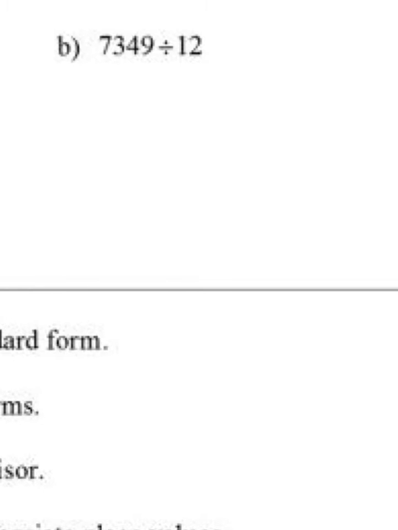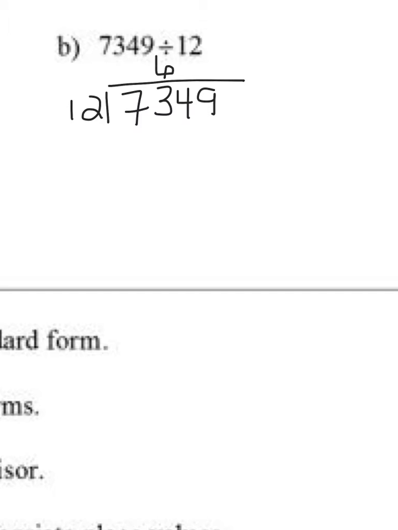We have 7,349 divided by 12. So how many times will 12 go into 73? Well, it'll go in 6 times. That leaves me with a 72 minus 14. 12 goes into 14 one time.